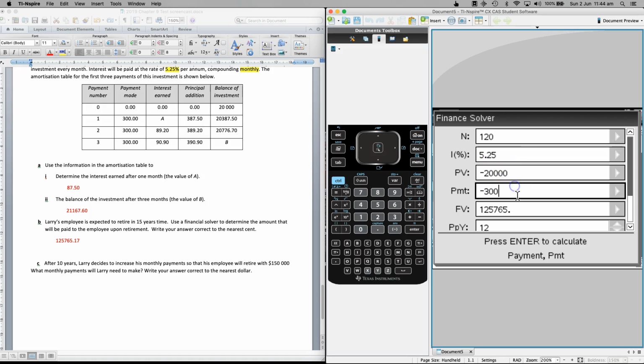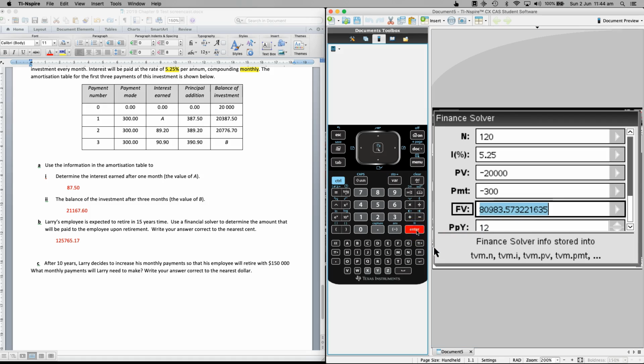Okay, and let's work out what the future value would be in 10 years. And we're told it's $80,983.57. Okay, so now we're going to take this FV and make it the new PV in the next part of the question.